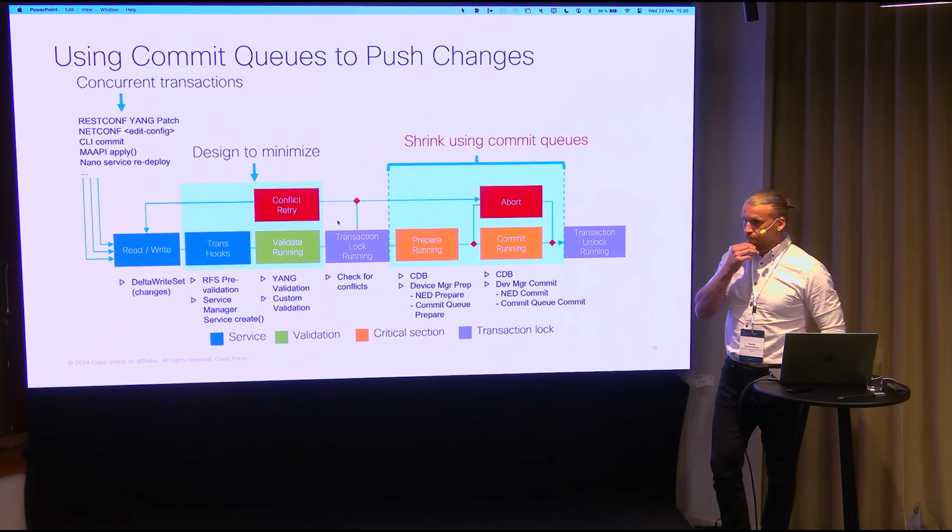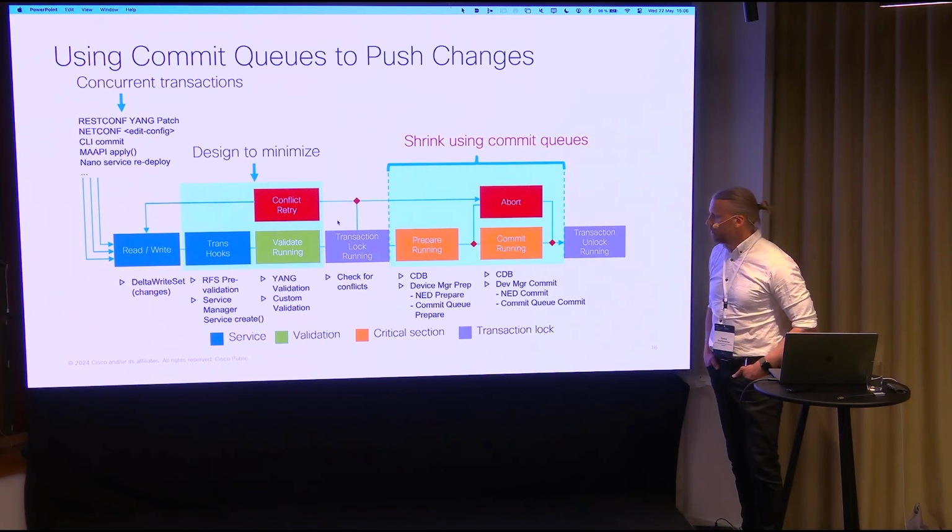Right now you are updating the CDB, and if something goes wrong in the transaction to the device, you need to remove that from the CDB, and you also fall in the critical section. But if you put this part at the end, maybe you avoid updating if something goes wrong with the device, and you just update when the device answers, and you can improve a little bit more.